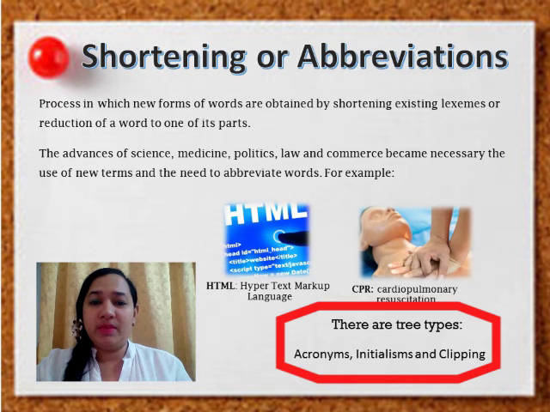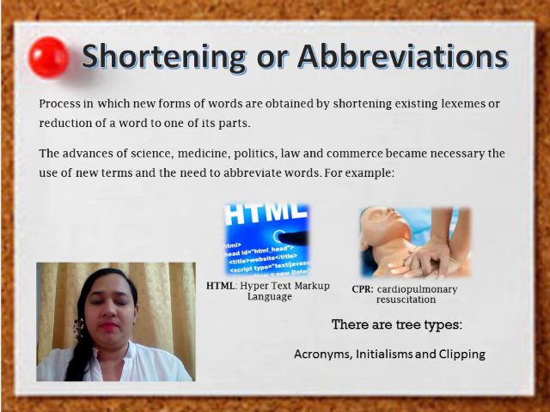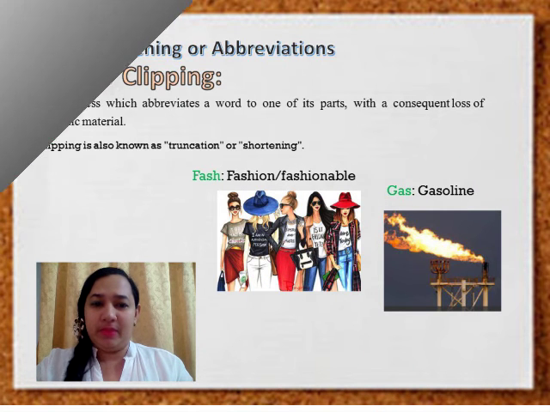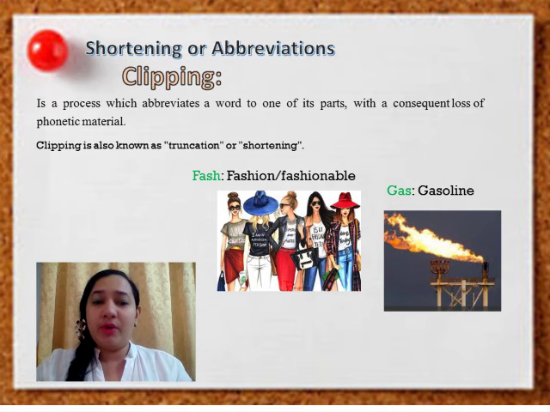There are three types: acronyms, initialisms, and clipping. Let's define clipping. It's a process which abbreviates a word to one of its parts with a consequent loss of phonetic material.